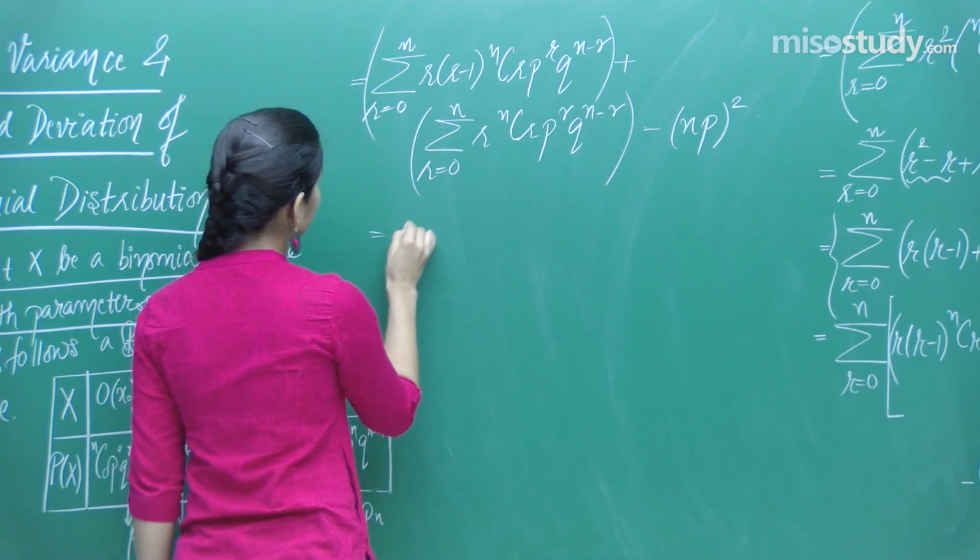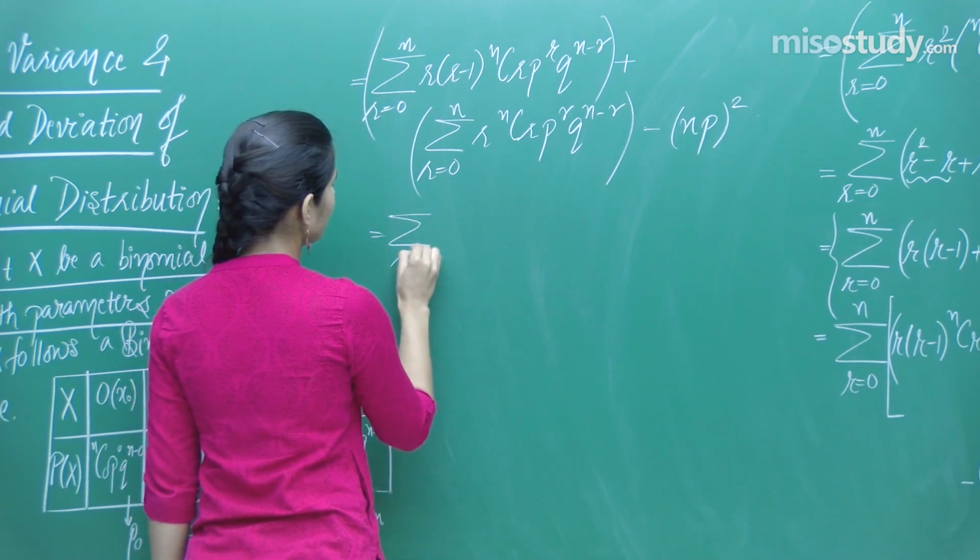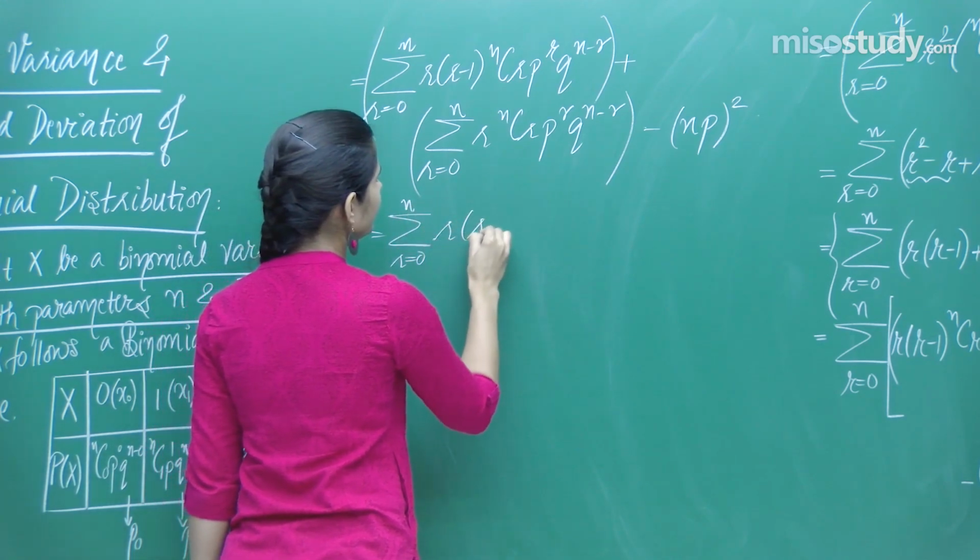So what is it that you have? You have summation r going from 0 to n, r into r minus 1.